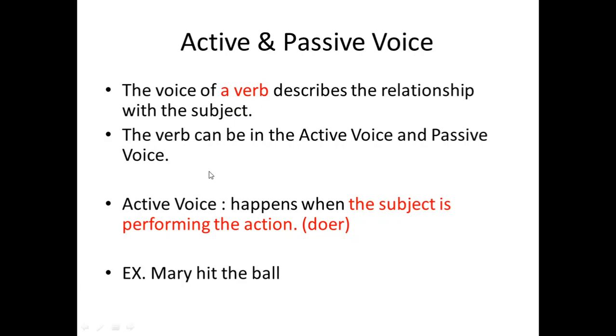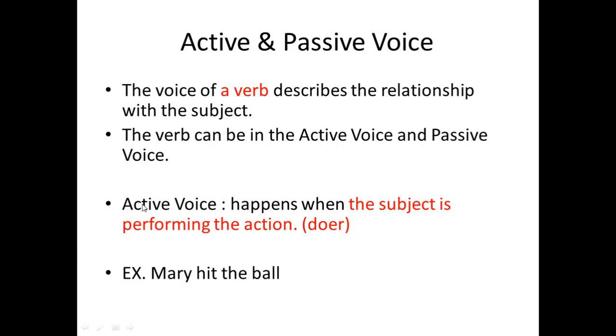So let's find out what is active voice. What do we mean by active voice? An active voice happens when the subject is performing an action, any kind of action. It doesn't matter.